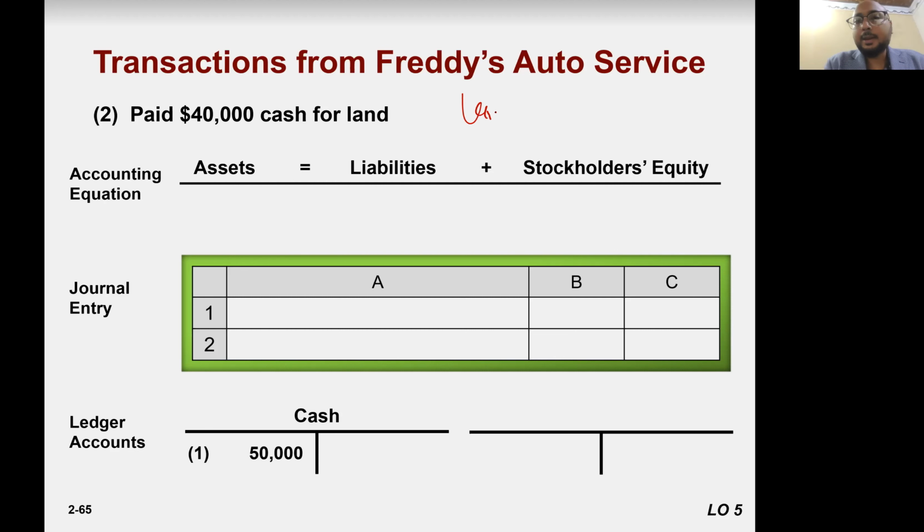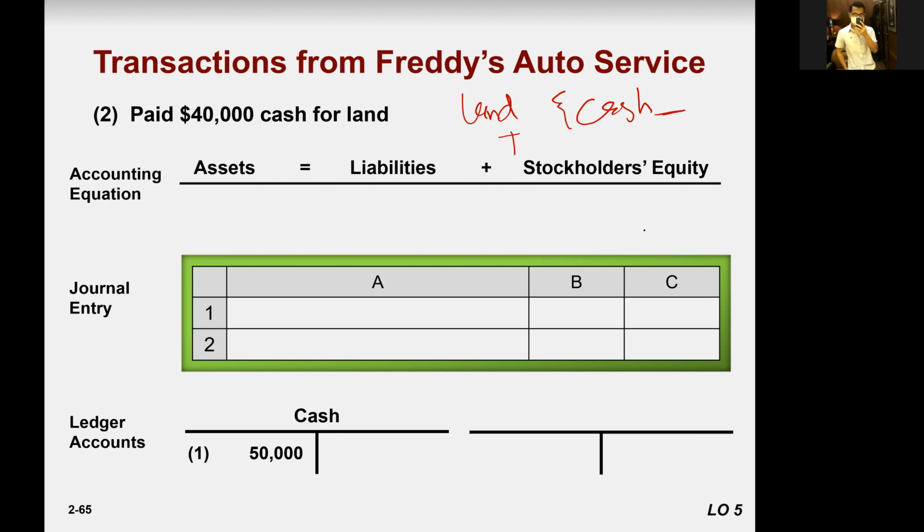So land and cash. Second step, increase or decrease. Land is increase or decrease? Cash is decreased and land is increased, sir. So when cash is decreased, credit or debit?